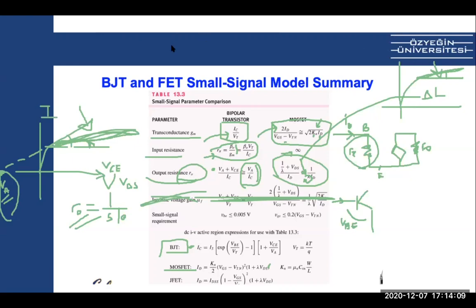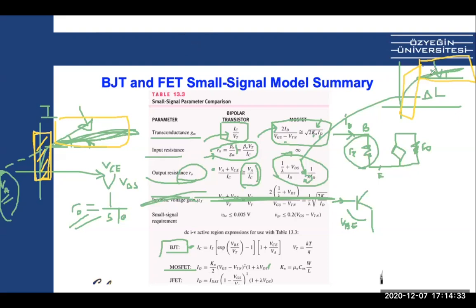So we don't really use the MOSFET triode region, or the BJT saturation region or linear region. I get confused sometimes. We use this region for the BJT and the CMOS. Okay?